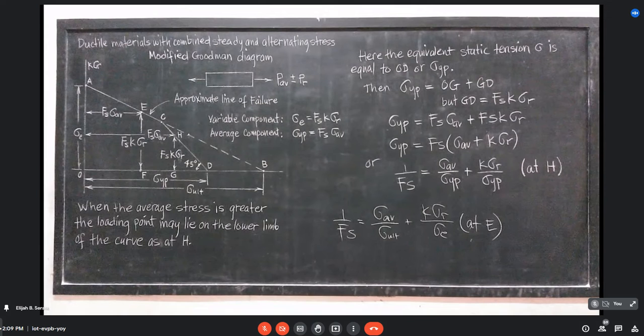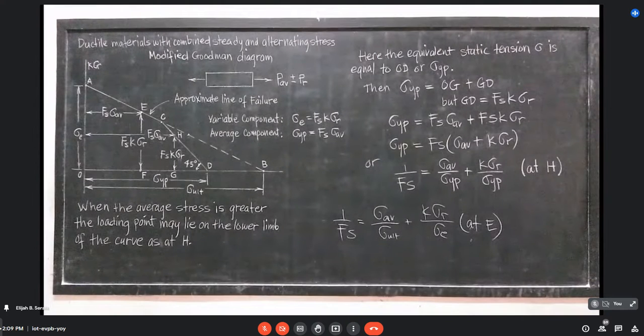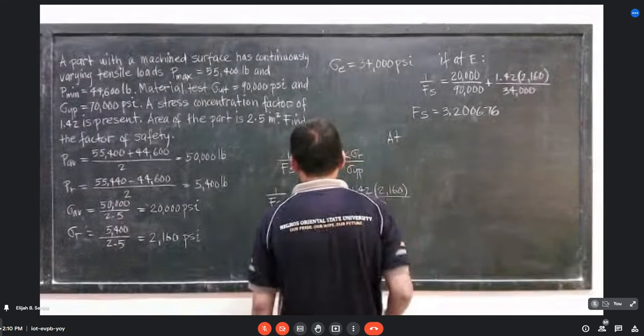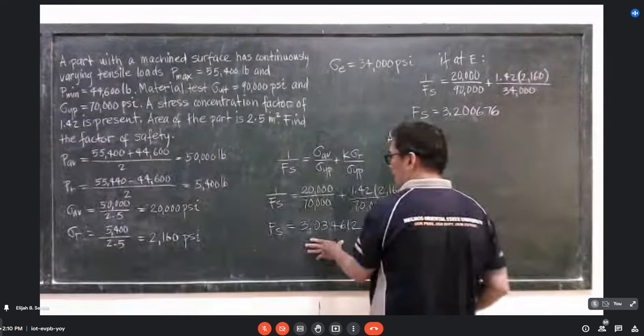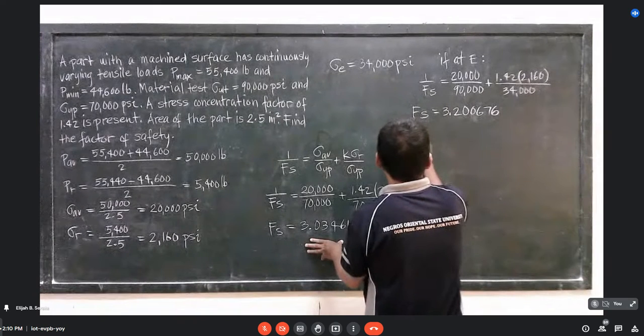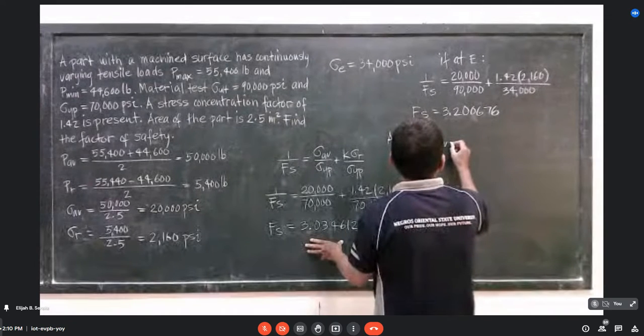Okay, so let's check. Factor of safety times the average. Let us say this is at, at what point? H, sir. So at H, the factor of safety times average.